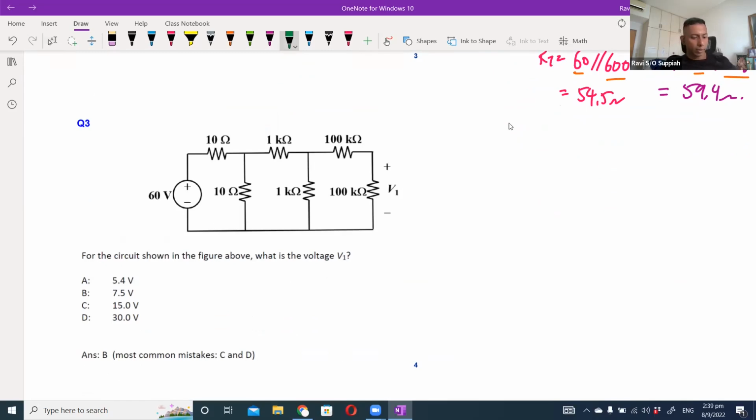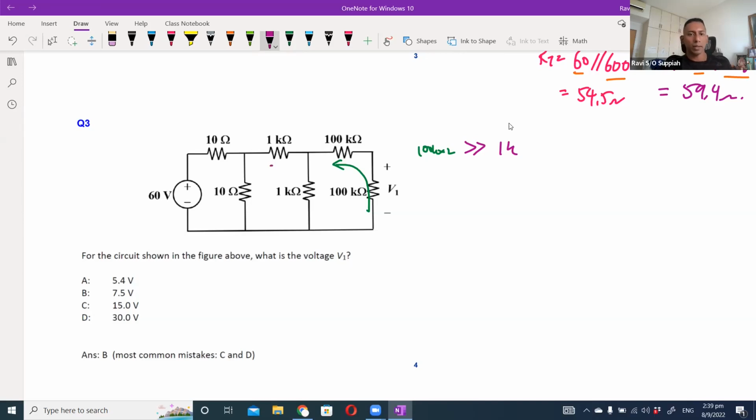If you look down here, this branch is basically 100k plus 100k, which is far greater than the 1k. So when I simplify the circuit, I can say that 1k parallel with 200k is going to be almost 1k.